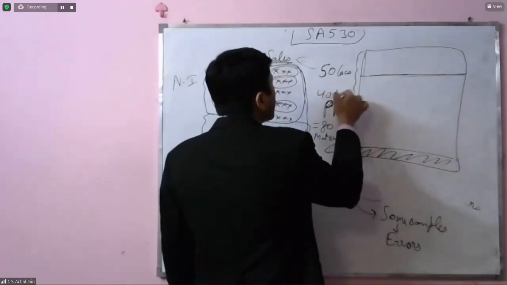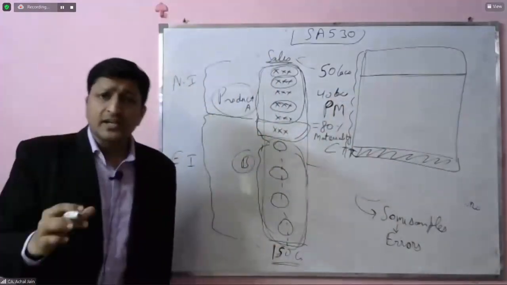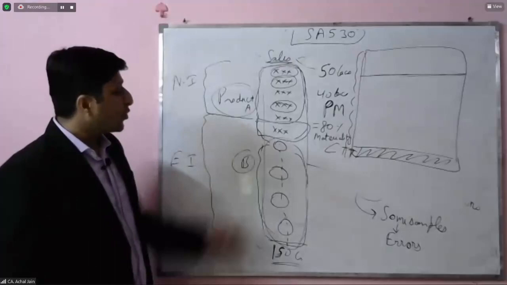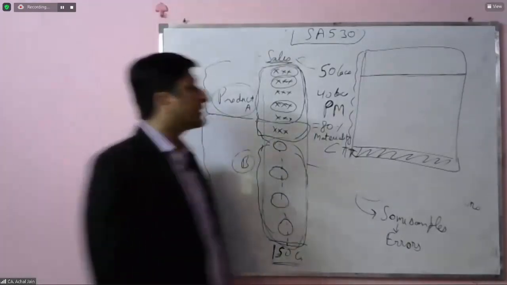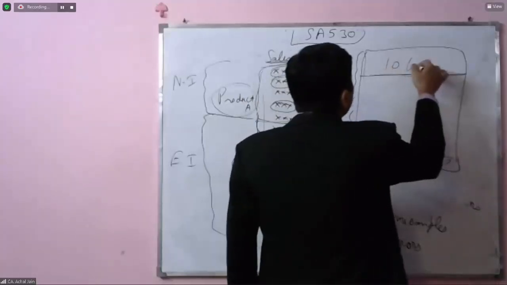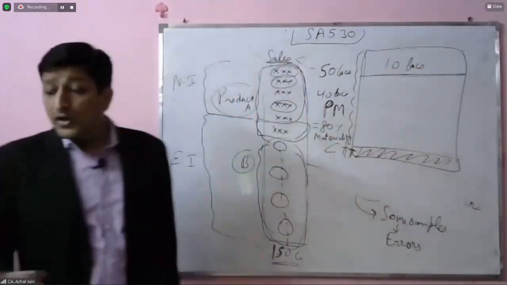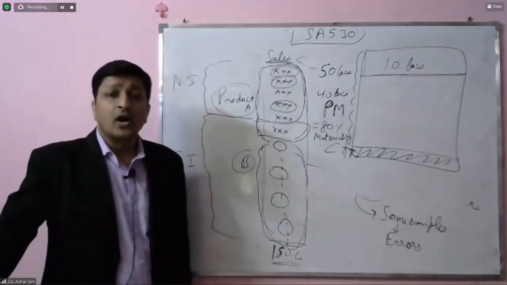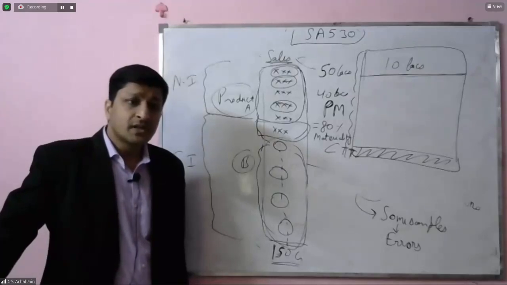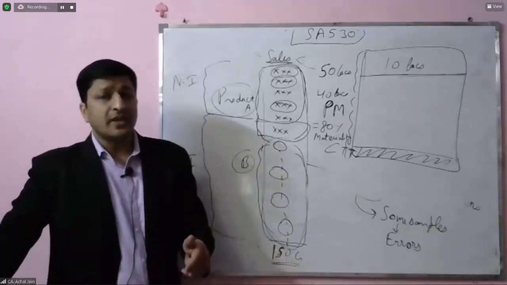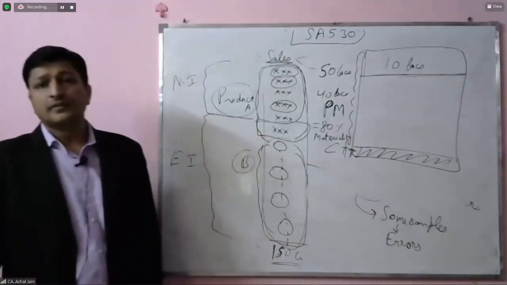So 40 lakhs will be the amount which will be set up as the materiality level, on the basis of which sample selection, testing, etc., everything will be done. And this cushion of 10 lakhs is reserved for those errors, those misstatements, which may stay in the financial statements, even if the financial statements are audited.